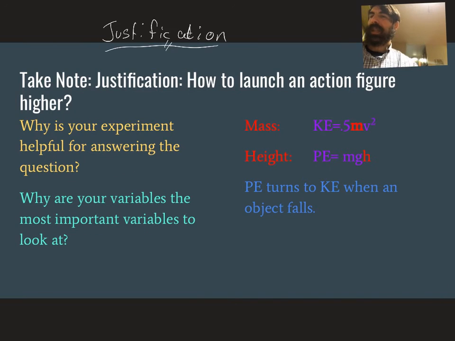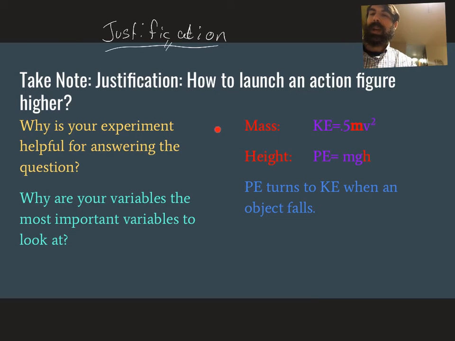So let's talk justification. Remember, there's 2 parts here. Why does your experiment, that's the procedure and the materials, help you in answering this question about launching an action figure? And why are your variables the most important variables to look at?